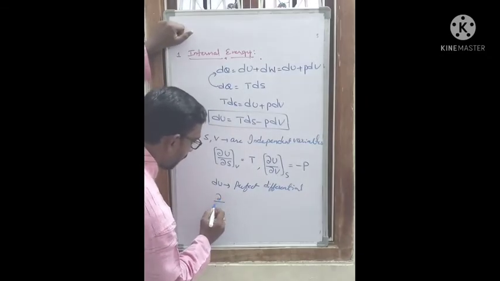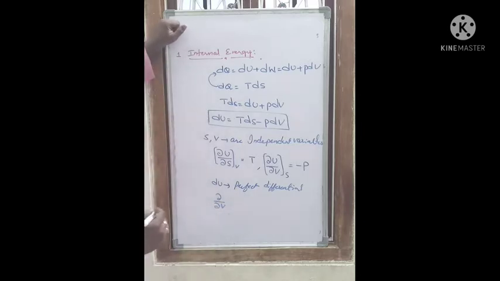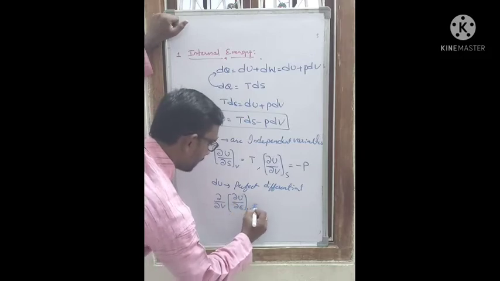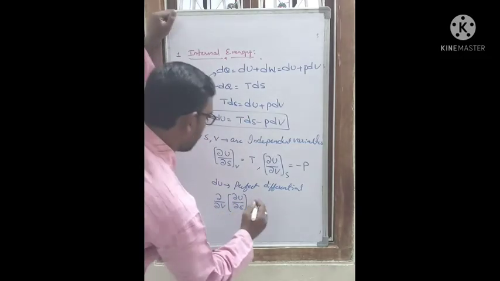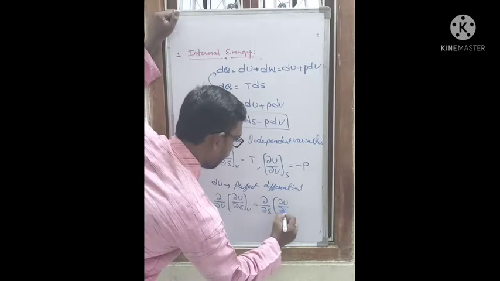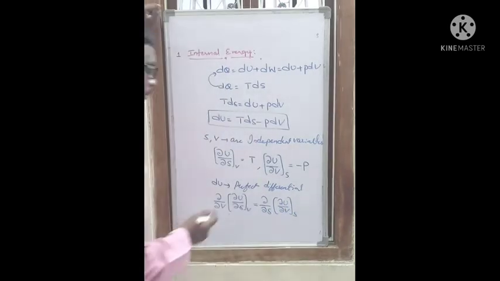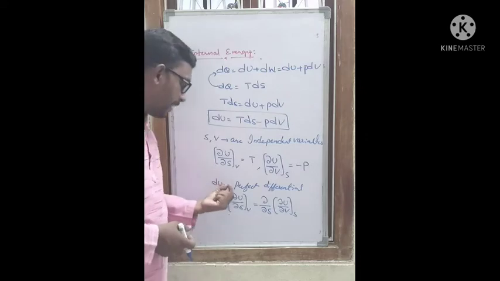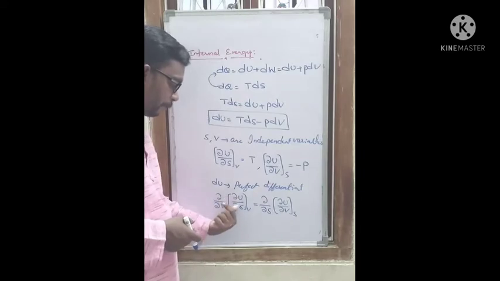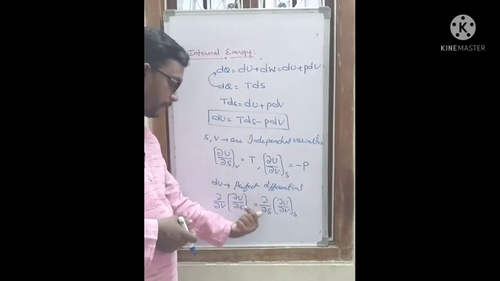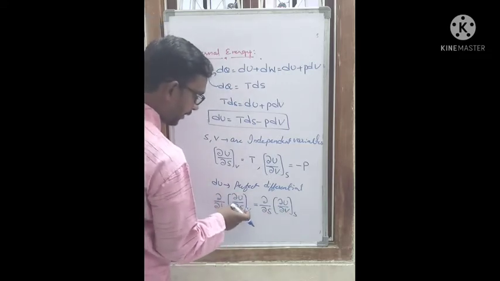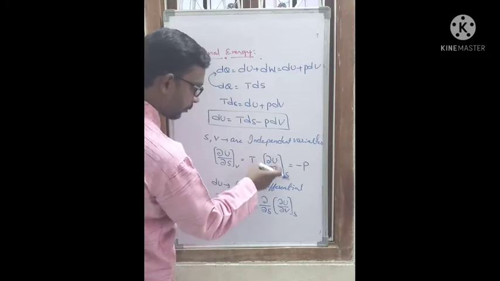Dou by dou v of dou u by dou s at constant volume is equal to dou by dou s of dou u by dou v at constant entropy. So both are equal, right? Since u is a perfect differential, we write this equation: dou by dou v of dou u by dou s at constant v is equal to dou by dou s of dou u by dou v at constant s. Now substitute these two terms, dou u by dou s at constant v, this is what you have to substitute here, and dou u by dou v at constant s, this is what you have to substitute here.